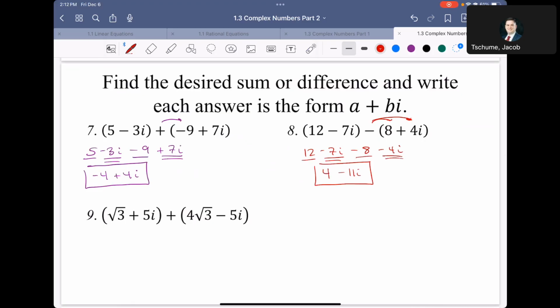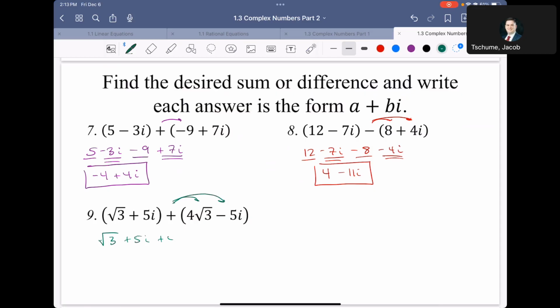Now, while not often, we also sometimes run into problems that might have radicals or might do weird things with complex numbers. So I want to do one of those for you as well. On number 9, you've got the square root of 3 plus 5i, and you want to add to that 4 root 3 minus 5i. Well, just like number 7, even if you try to distribute that positive symbol through, what ends up happening is really nothing.